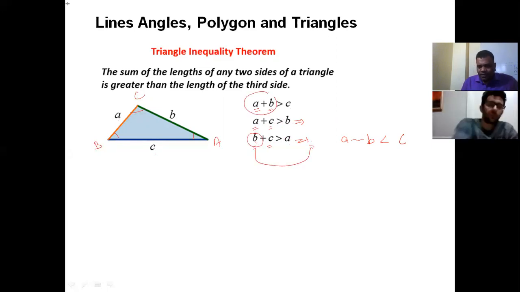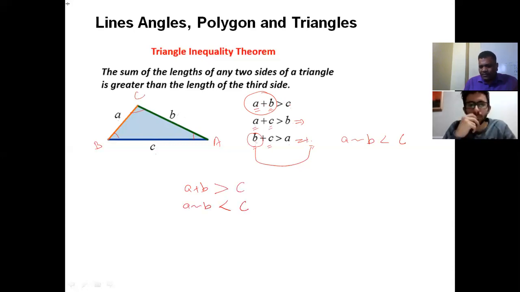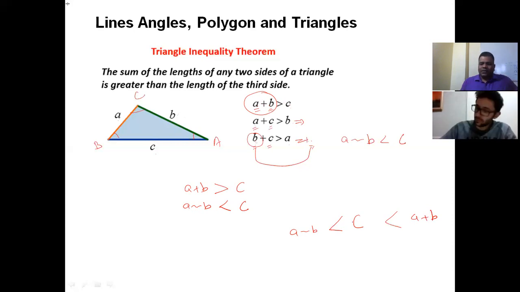And if you see, a plus b is greater than c. It means the difference of a and b is less than c. This is the main triangle inequality: any side of a triangle must lie between the difference of and the sum of the other two sides. So the main triangle inequality is this.